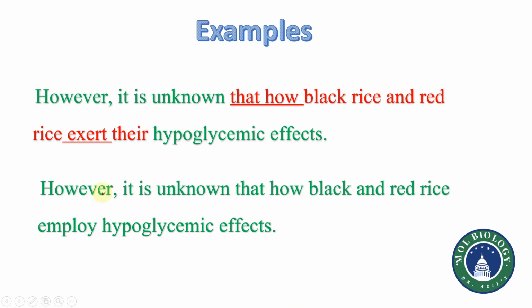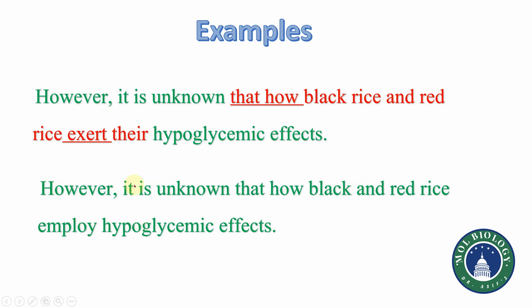We can see: however, it is unknown that how black rice and red rice. Here we need to remove this "rice", black and red rice, because both are rice. "Exert" can be changed to "imply", and we remove the unnecessary word; even if you remove this, you will feel that yes, they are talking about black rice and red rice.